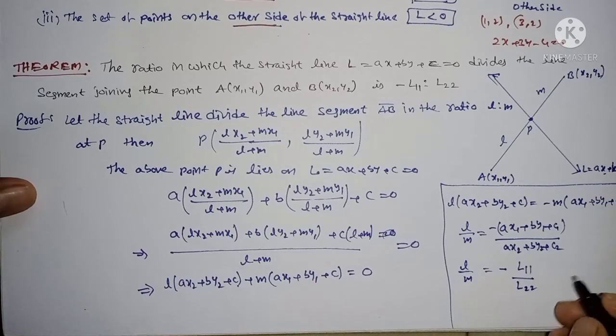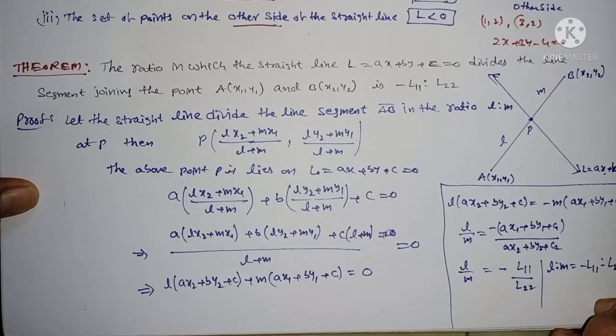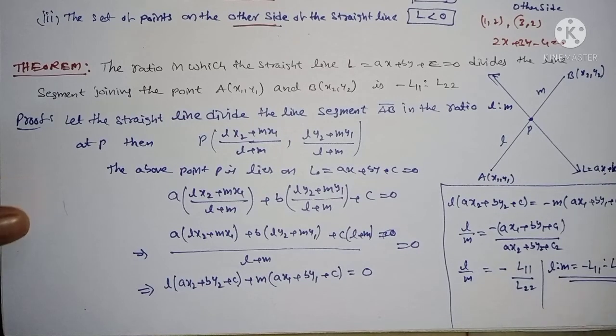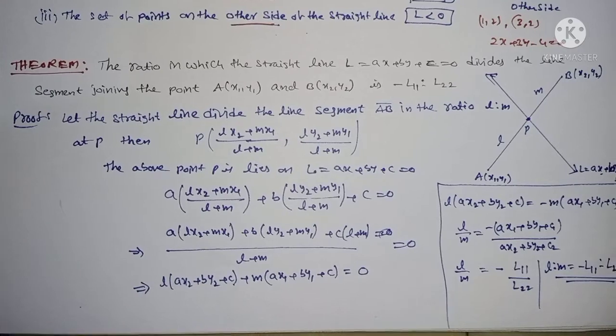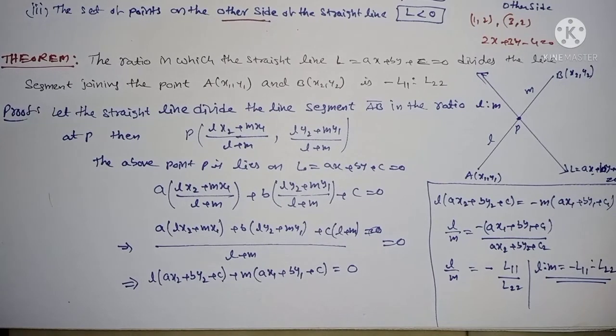Therefore, L is to M is equal to minus L11 is to L22. This is our required ratio.